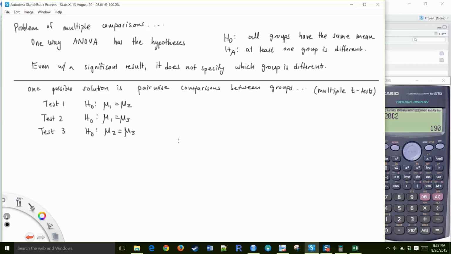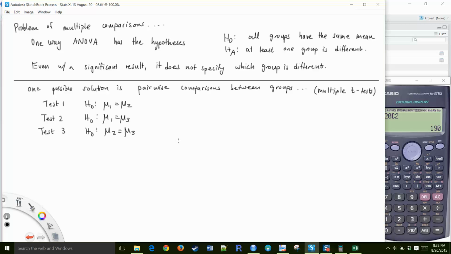How often am I going to reject the null hypothesis? About 5% out of these 190 things, right? So that means I'm likely to reject the null hypothesis 9 or 10 times just from random chance alone, or something in that vicinity, just because I did so many t-tests. Does that make sense? Okay?